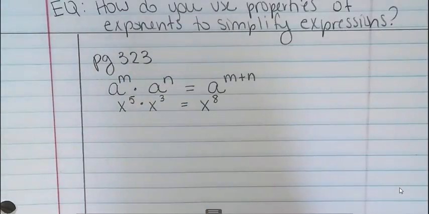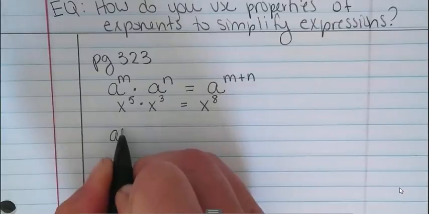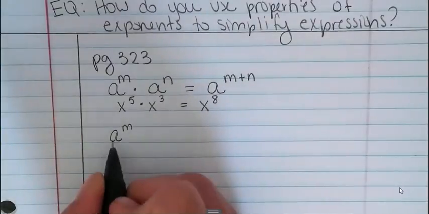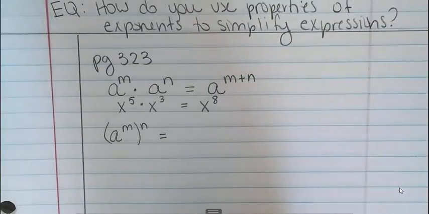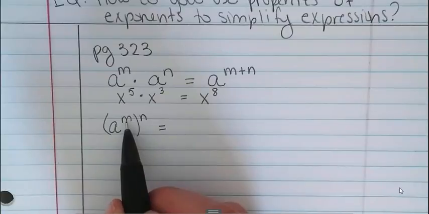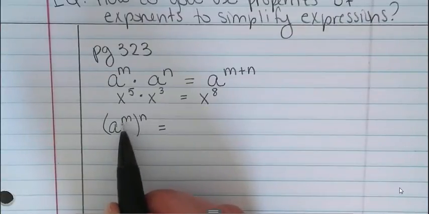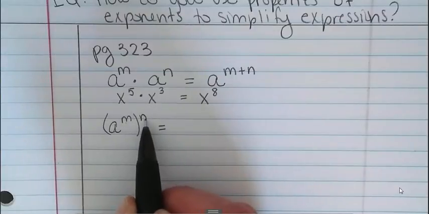Okay, next property is when you have a base that's raised to a power, and then you raise that entire thing to another power. This means that you're going to take whatever the power was that your base was originally being raised to, and you're going to multiply it by this power outside the parentheses.